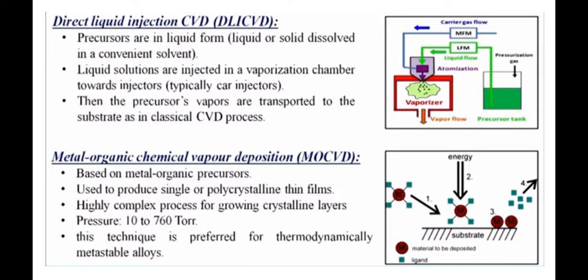Then we need a high energy source over there. Then the material we are going to deposit is this. So you can see in the diagram also. The functional group of that particular material will react with the substrate itself, then will be released, and only the metal ions will stick with the substrate itself.